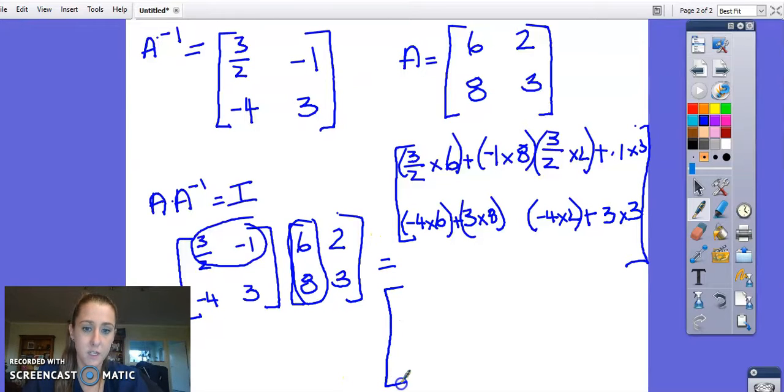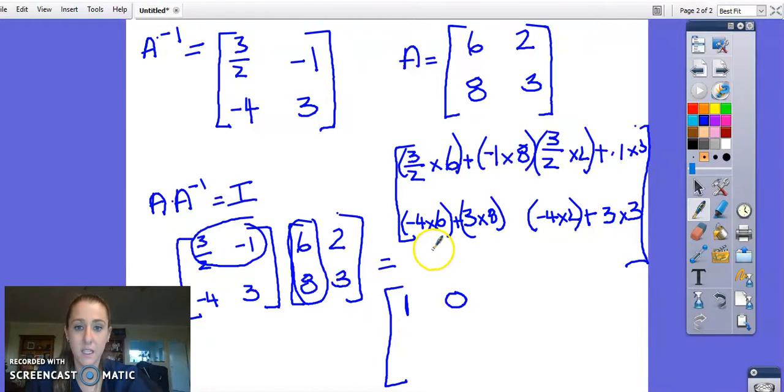Which will give us 18 on 2, which is 9, plus minus 8, which gives us 1. Then we're 6 on 2, which is 3, plus minus 3, which is 0. Sorry, I've skipped a step in here, I'm just jumping through and working these out and jotting them down.